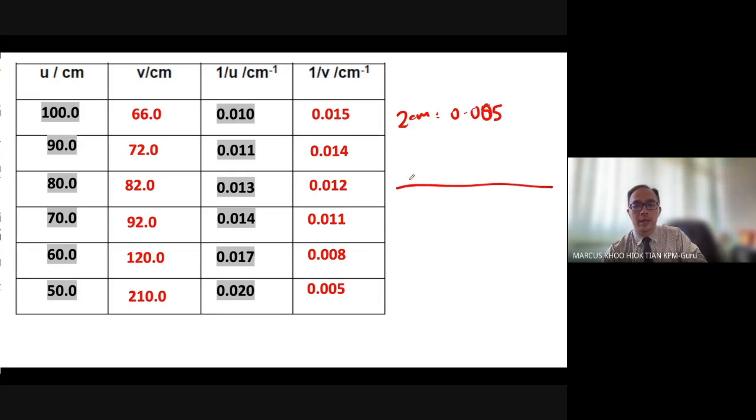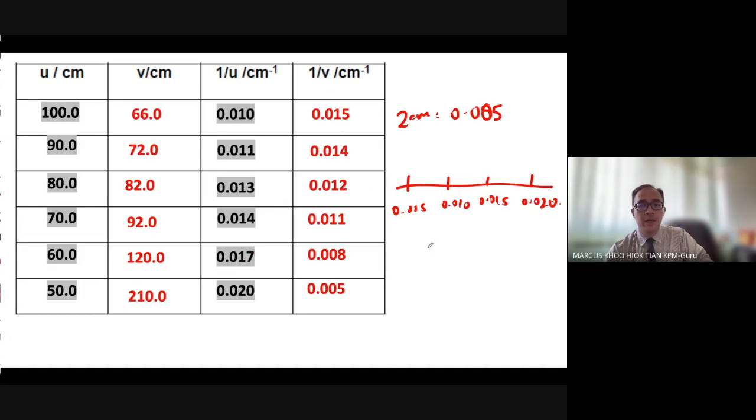So you get here 0.005, 0.010, 0.015, 0.020. I know the x-axis is a little bit funky, because it's almost the same length as the 1 over v.